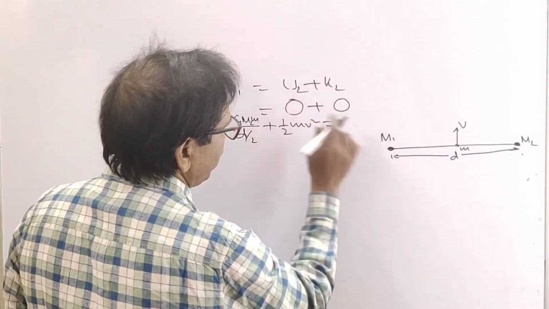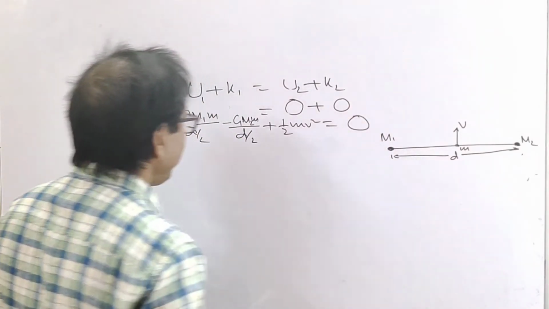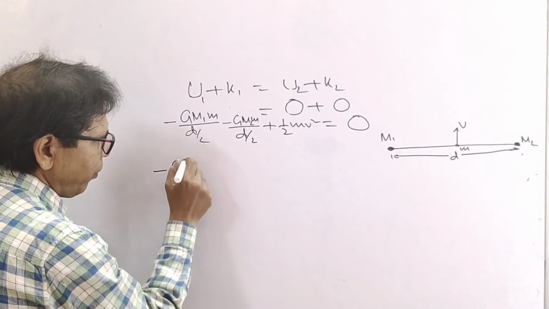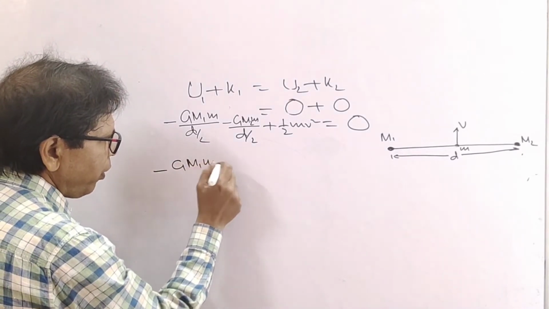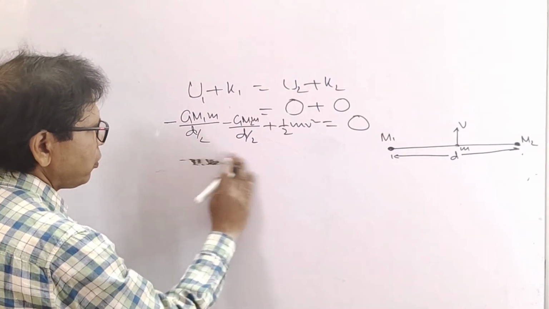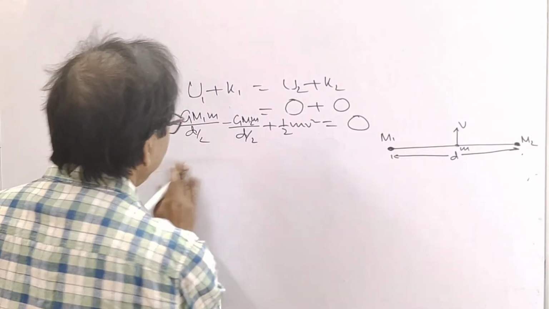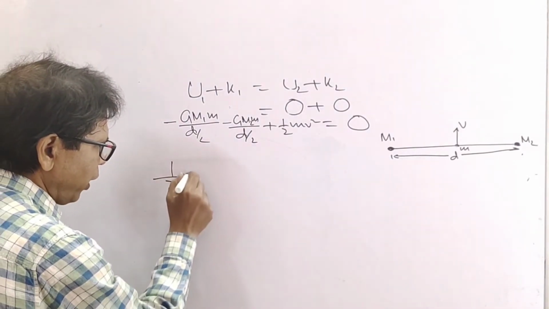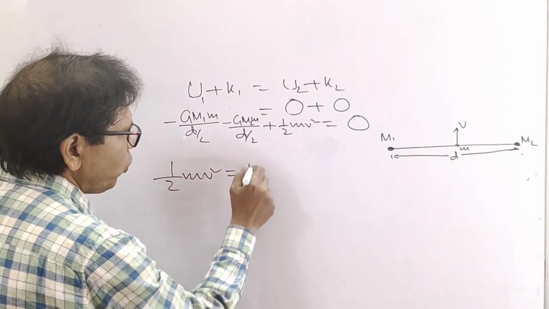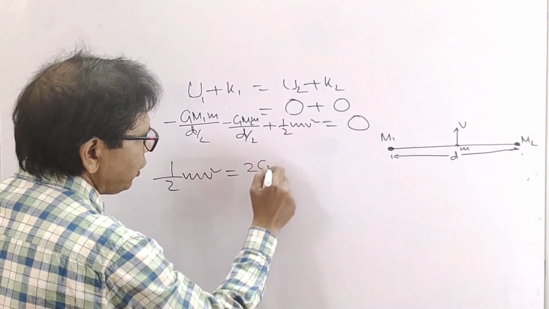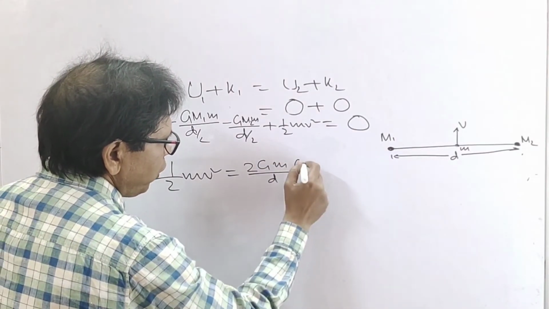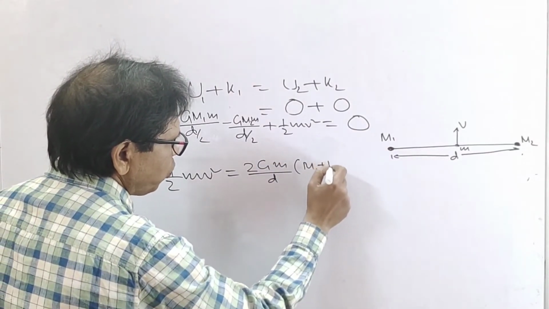This equals 0 plus 0, that is 0. Okay, so look at this. This is minus G m1 m plus minus G m2 m, so this is half mv square equals 2G small m by d into m1 plus m2.